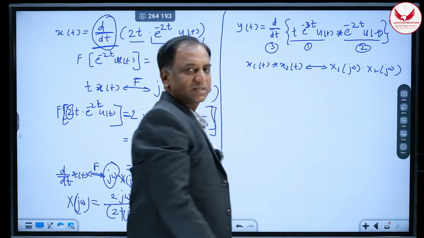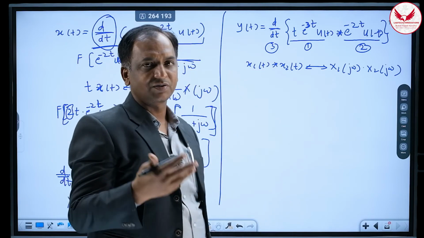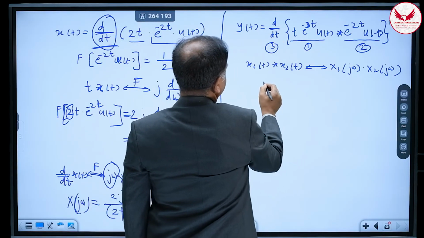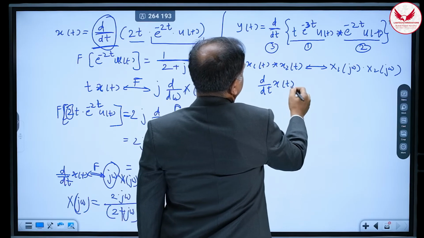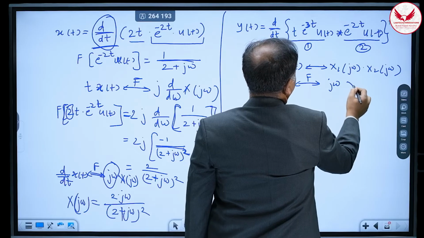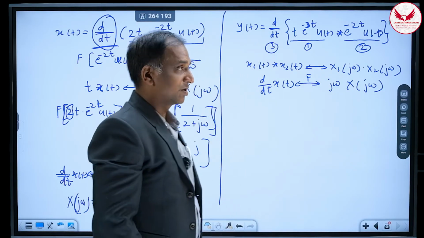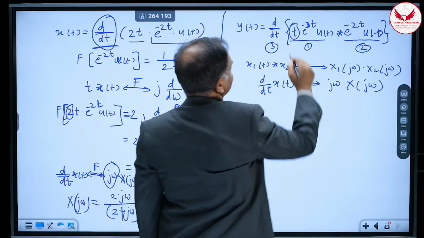That means when two signals are convolved in the time domain, its Fourier transform is the multiplication of their Fourier transforms. Another property: d by dt of x of t has Fourier transform j omega into x of j omega. So we have to use these two properties. But here, once again, it is multiplied by t.